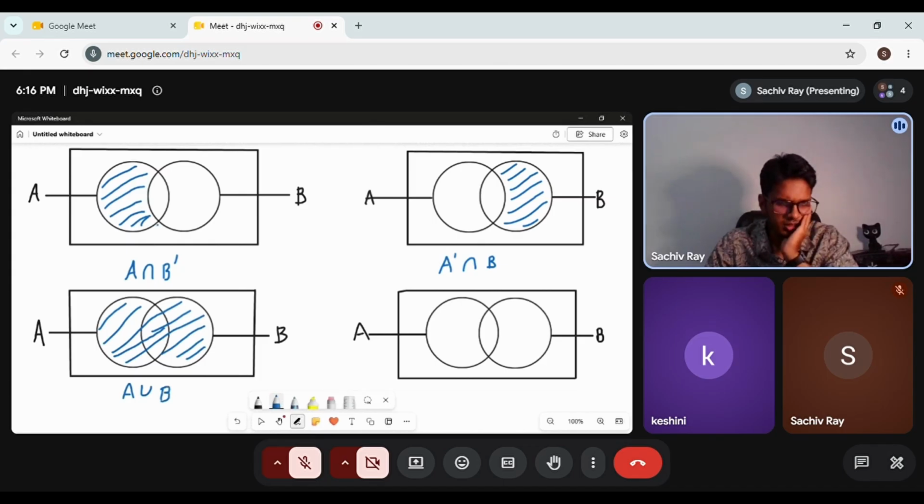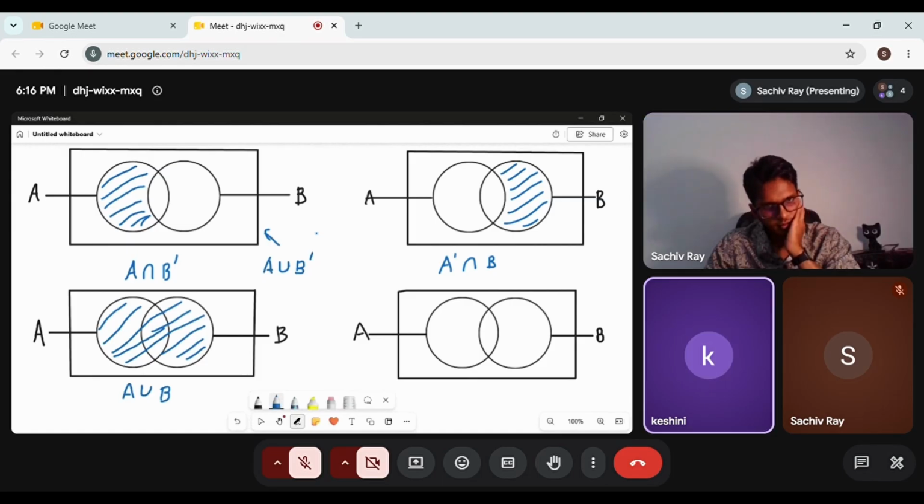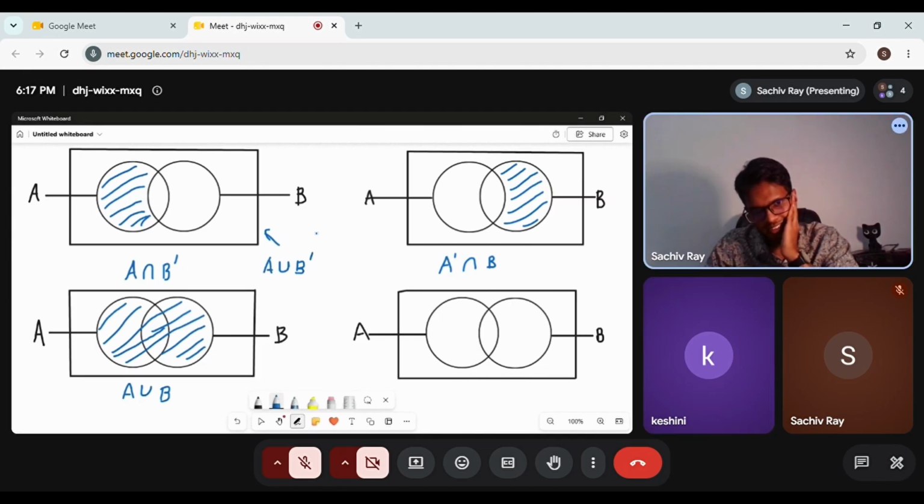Now think about this, okay? Now again here, A union complement B. Can't you write the first one like that? This one. Can't we? We can. Yes. Are you sure?